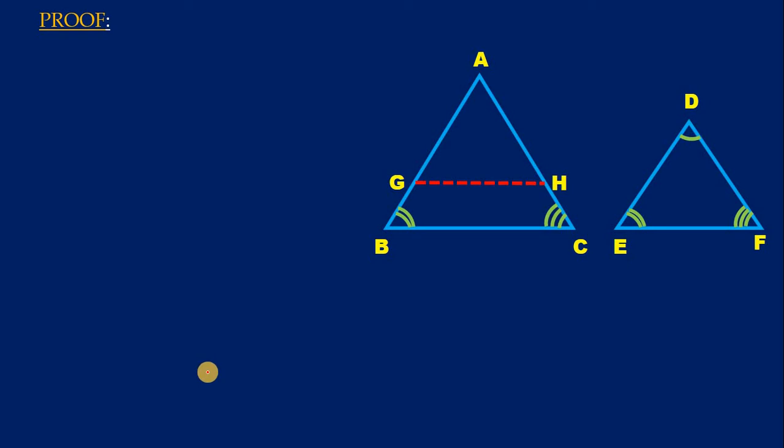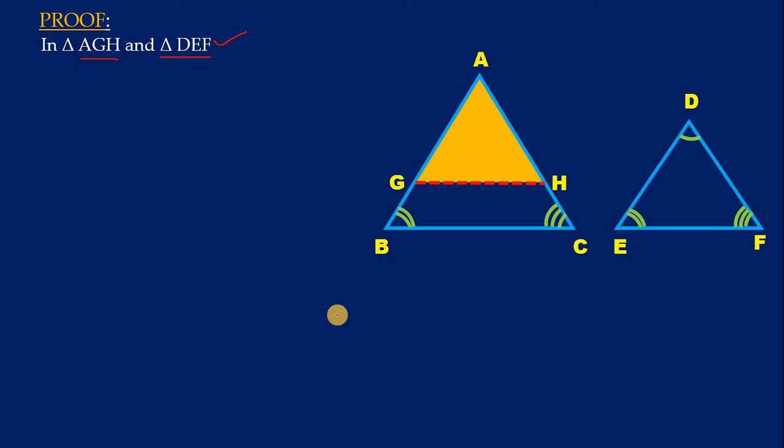In proof, first let us consider these two triangles, triangle AGH and triangle DEF. And let us show these two triangles are congruent. Children, identify these triangles in the figure. I mean these triangles, which is colored in orange and which is colored in pink. You have to show these two triangles are congruent.